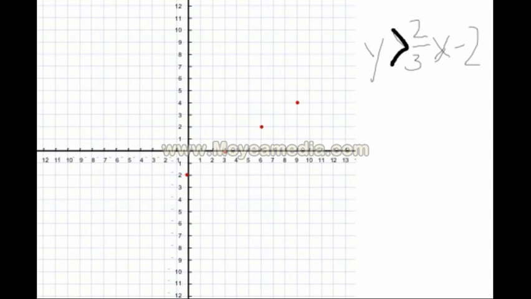And it's greater than. It does not say greater than or equal to, so I'm going to have a dashed line going through here, and I want to look and see about a couple points. So I want y to be greater than.